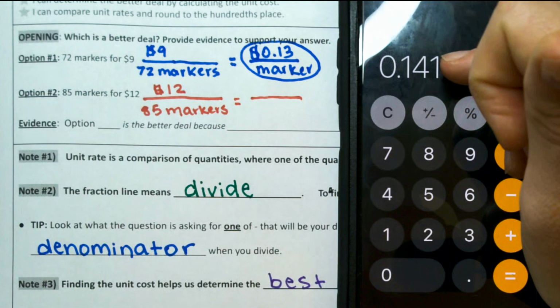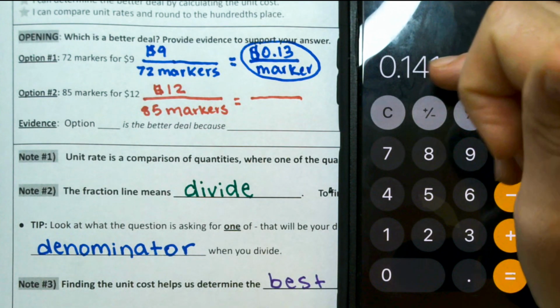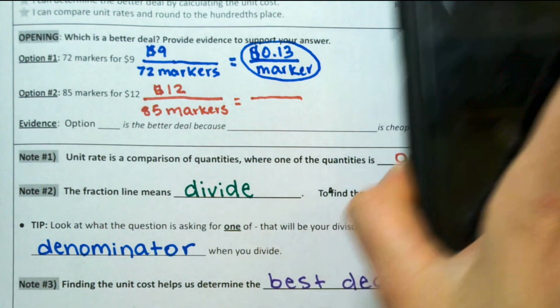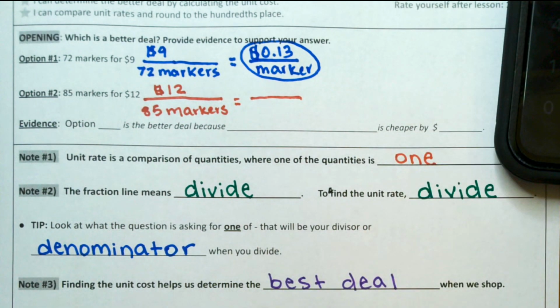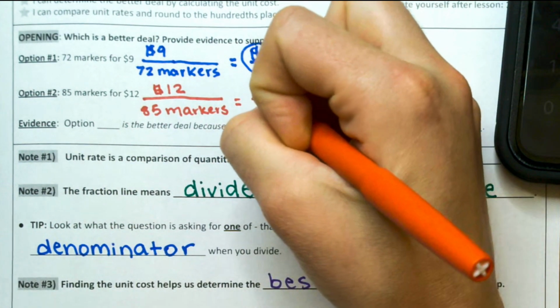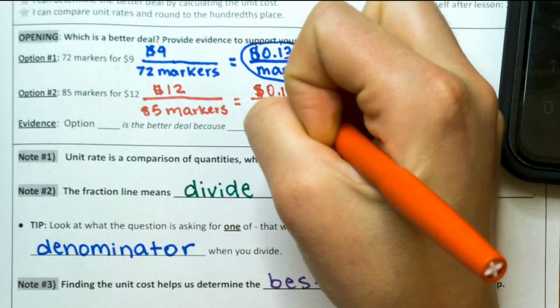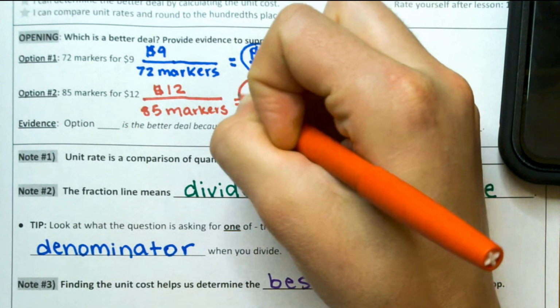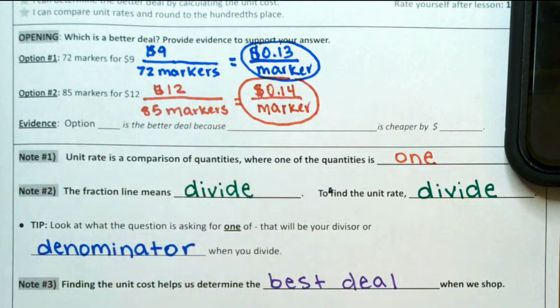The number after it is a 1. That's below 5, so it's going to stay 14. So now we have 14 cents per marker for option number 2. Remember, you can always pause the video if you need more time, or you could even rewind if you just want to watch it again.